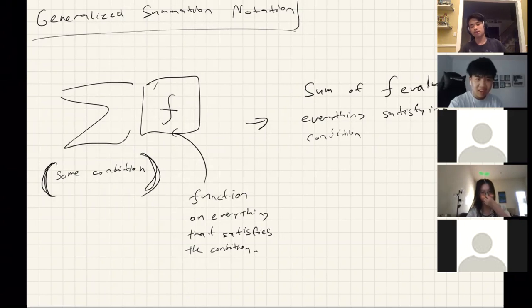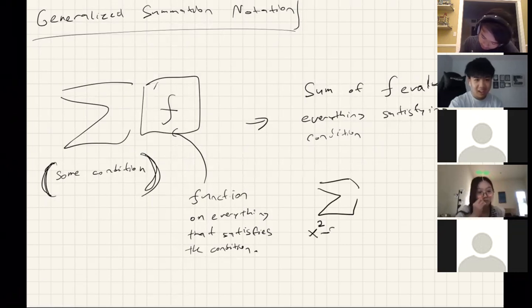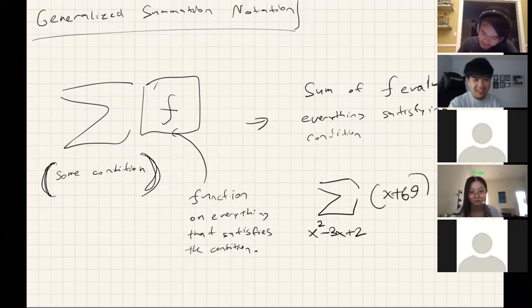Maybe it'll make a little more sense if I give you an example. Theoretically, they can give you something really stupid, like x squared minus 3x plus 2, and then the function is going to be like x plus 69 or something.